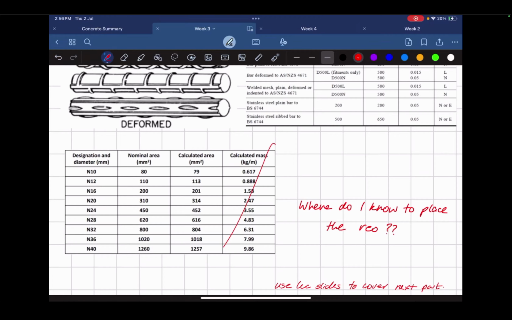So, this is covered in detailing. The reason we have the hook is there's a requirement in the code, if you remember. It halves the bonding, the development length.